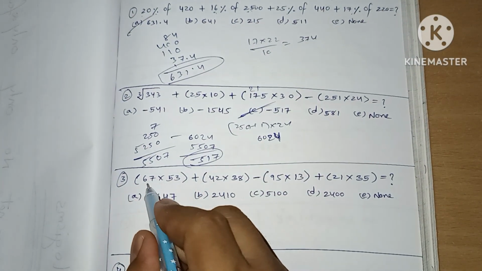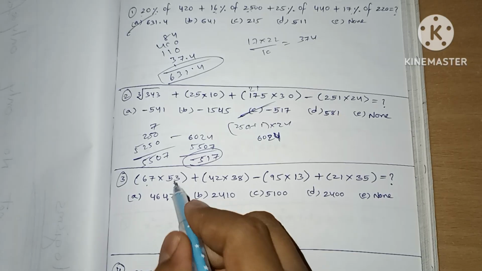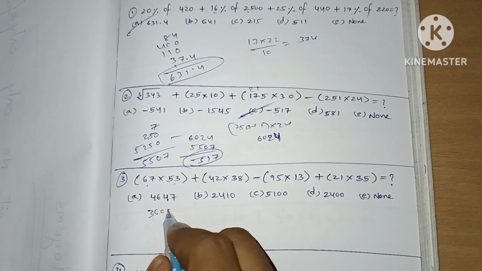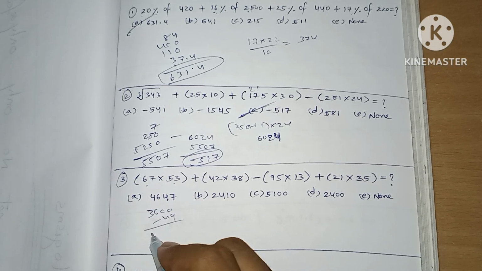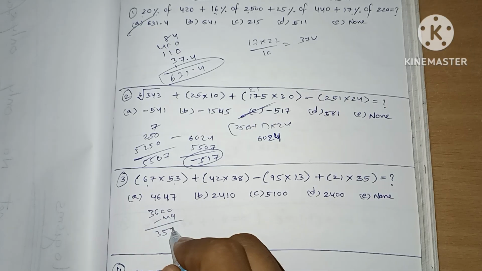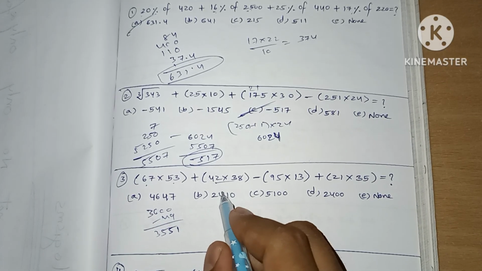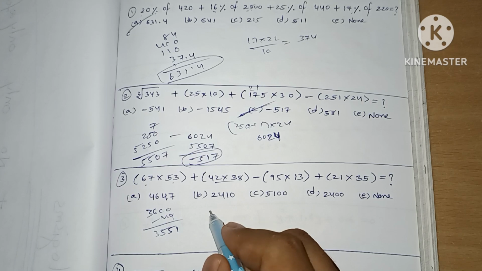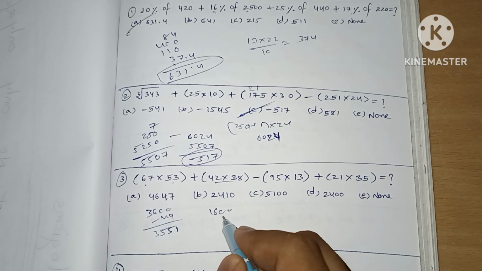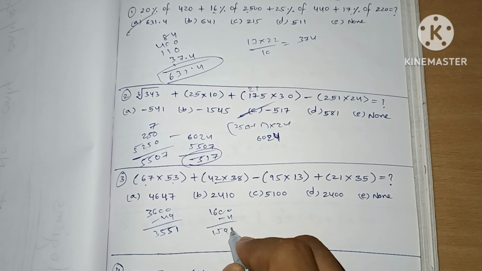Here it is 60 plus 7, 60 minus 7, so 60 square 3600 minus 7 square 49, so 3551 plus here it is 40 plus 2, 40 minus 2, so 40 square 1600 minus 4, which will be 1596.